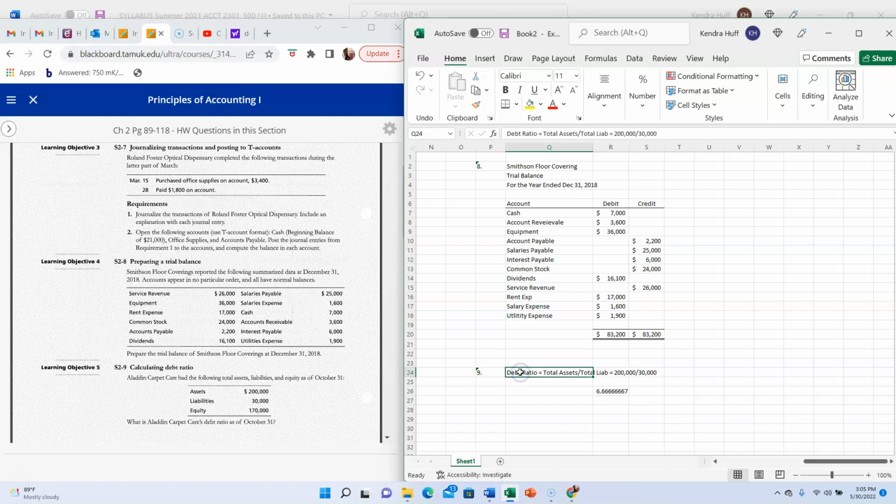I in fact did not. I did it backwards. It's debt divided by assets. I even kind of knew that as I was typing it out, but you know. So 30,000 divided by 200,000.